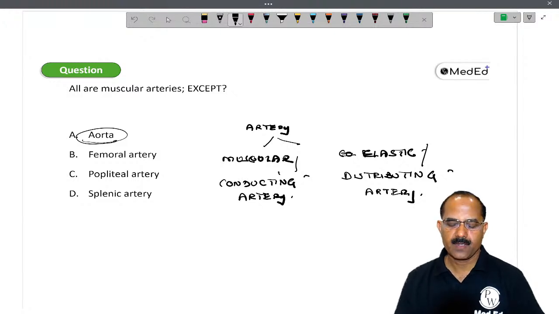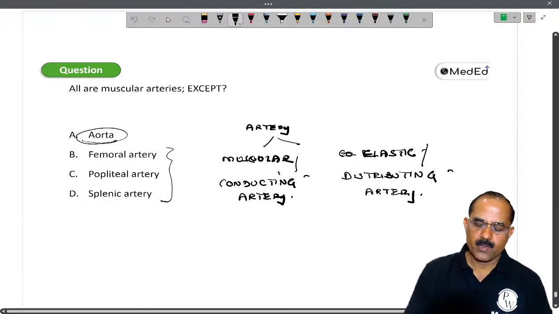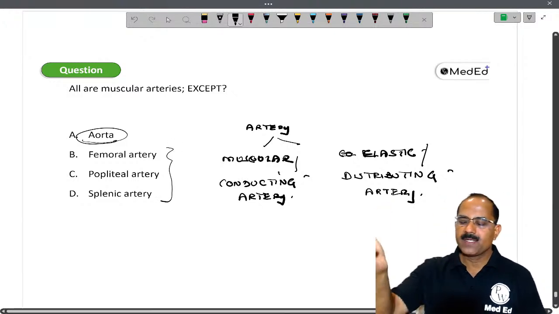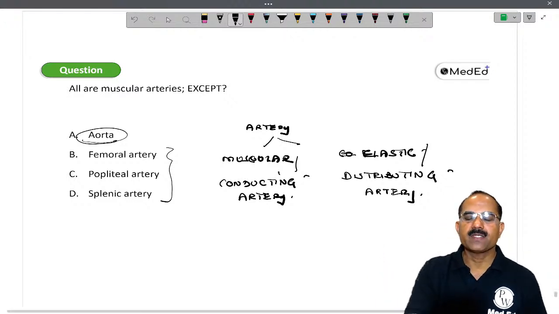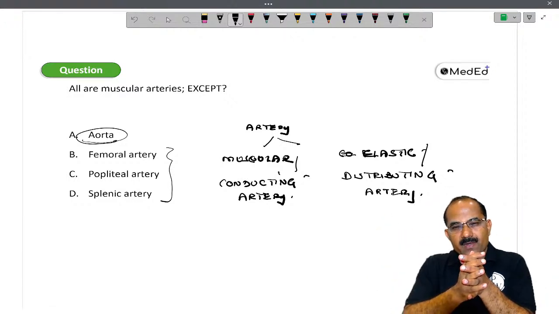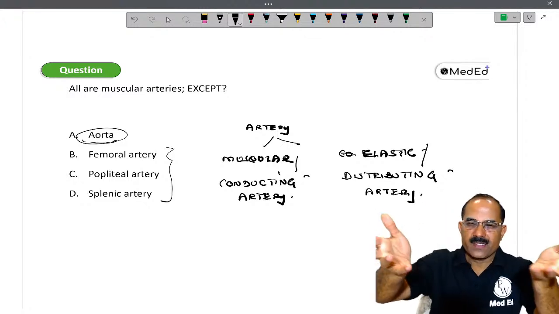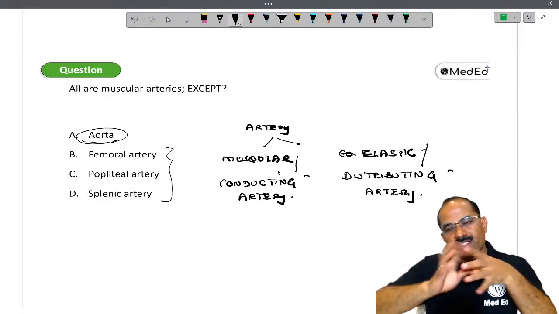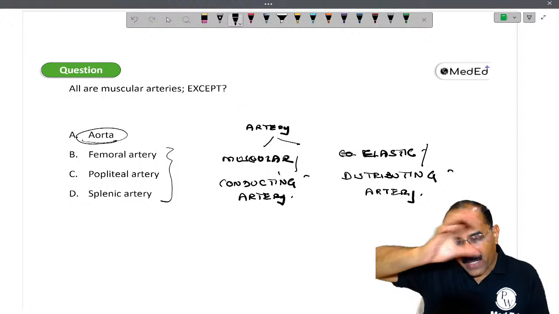Small arteries are muscular arteries, big arteries are elastic arteries. They have many elastic fibers, so when the artery contracts, blood flows and because of elastic recoil the blood flow is maintained.